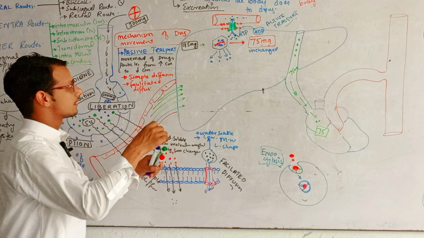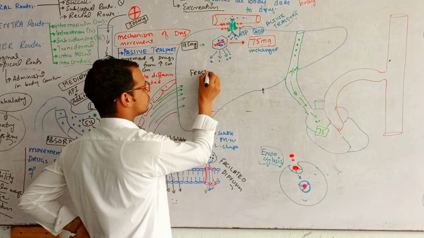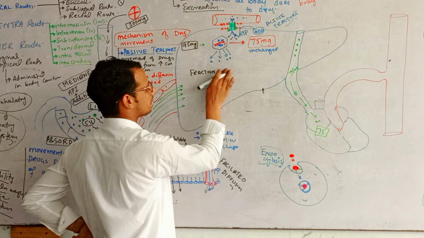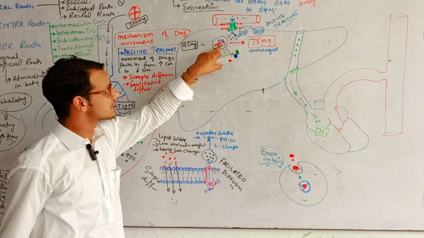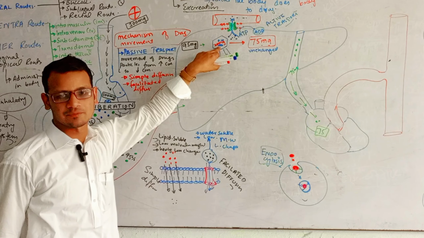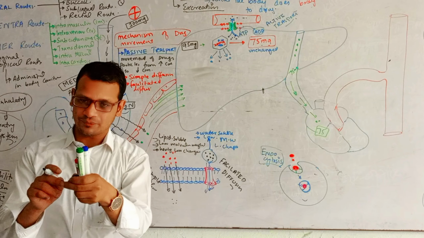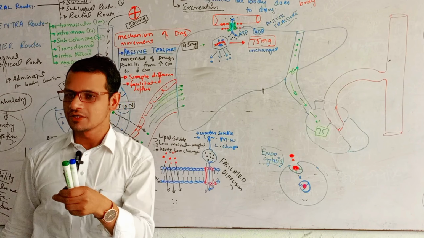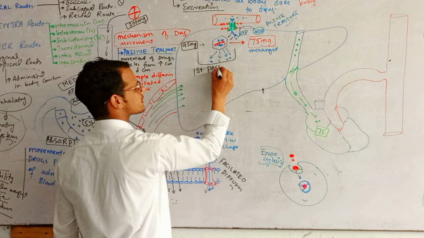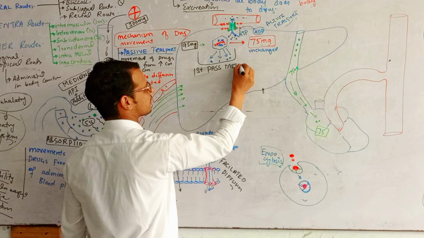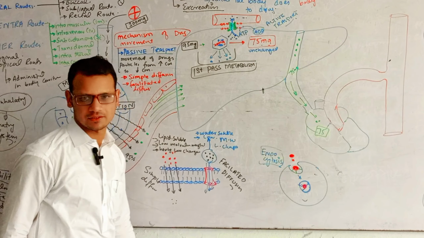First of all, you have to know about first pass metabolism. This is called first pass metabolism: the reduction of the drug amount by the liver when it is passing through the liver for the first time. What is first pass metabolism? It is also known as first pass effect.